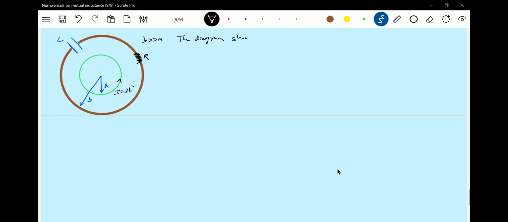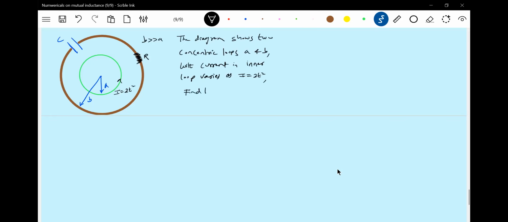The diagram shows concentric loops A and B, with current in the inner loop varying as I equal to 2t square.